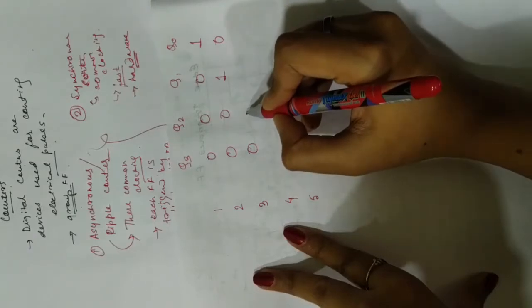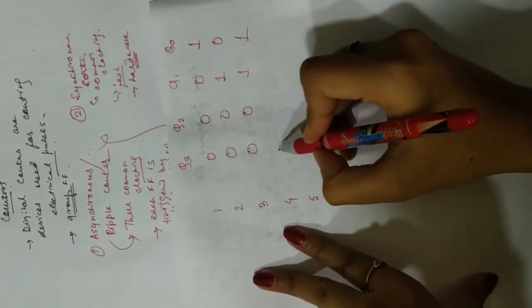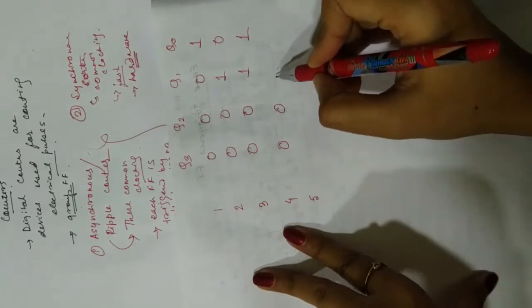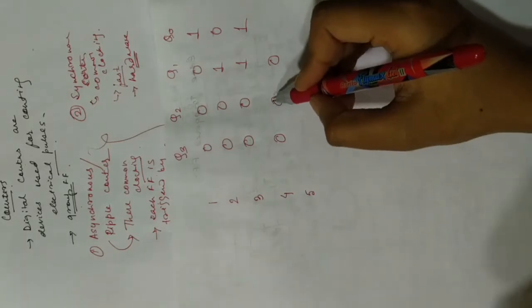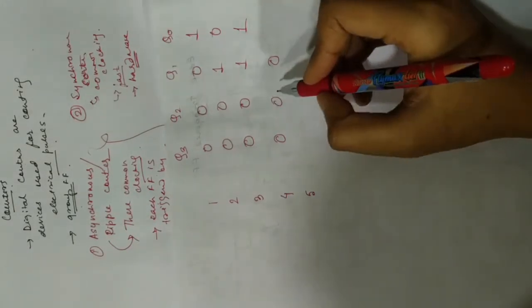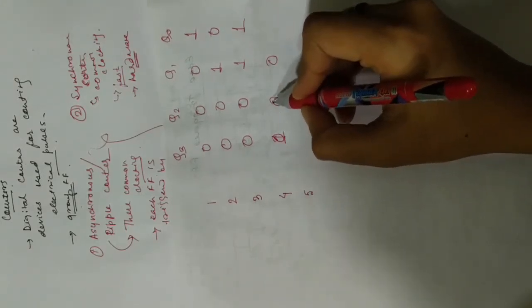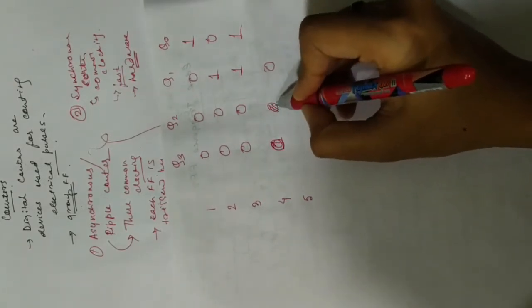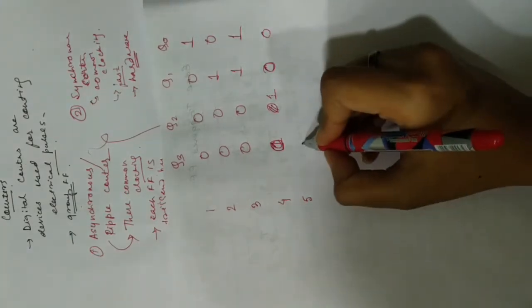This is 0, 0, 1, 1, right? Sorry, here's a 1. We have a 1 over here, and a 0, 0, right?